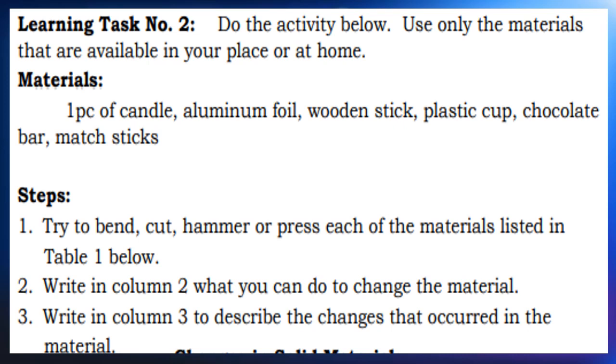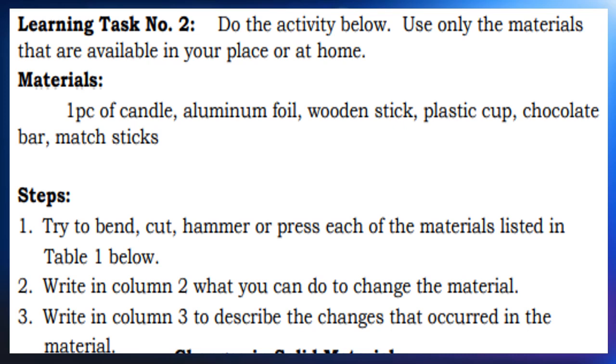For learning task number 2, do the activity below. Use only the materials that are available in your place or at home. Materials needed: 1 piece of candle, aluminum foil, wooden stick, plastic cup, chocolate bar, and matchsticks. Here are the steps.